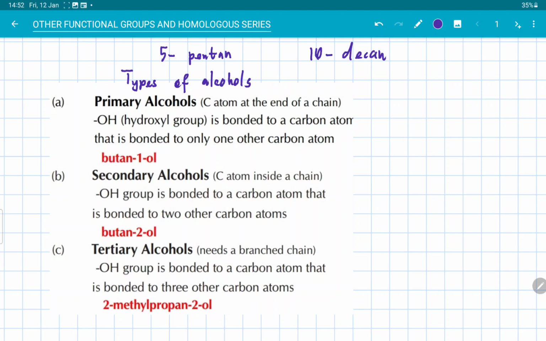If you look at the first example, it is a primary alcohol. Let me just read: in a primary alcohol, OH is bonded to a carbon that is only bonded to one other carbon atom. Basically OH is attached to a primary carbon.